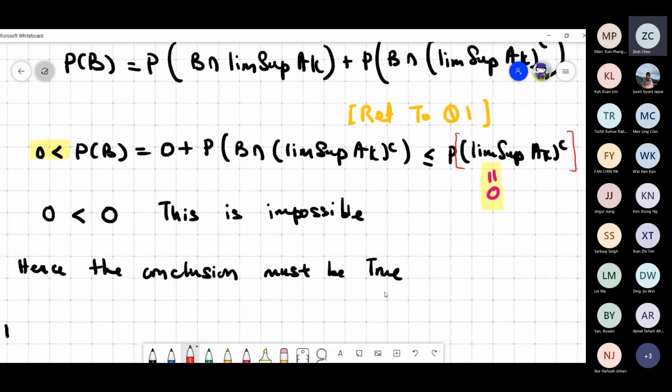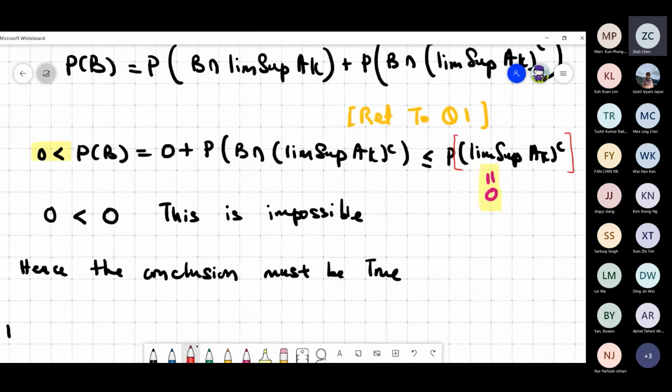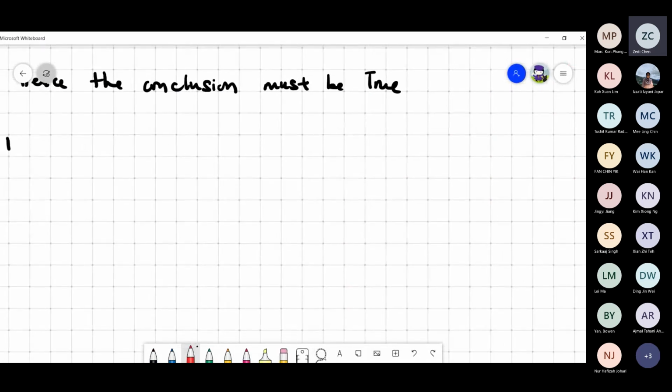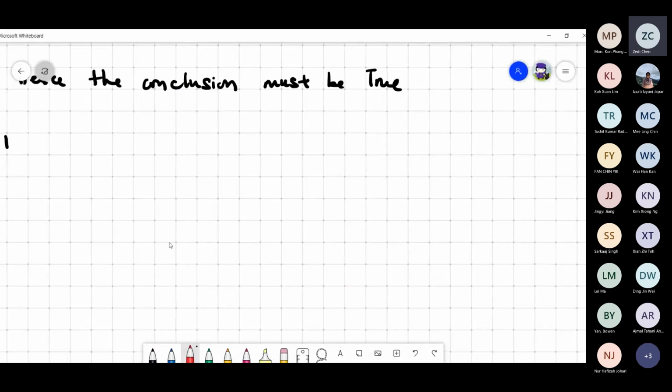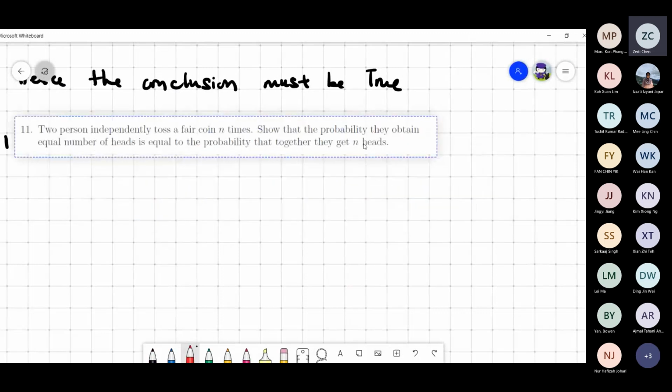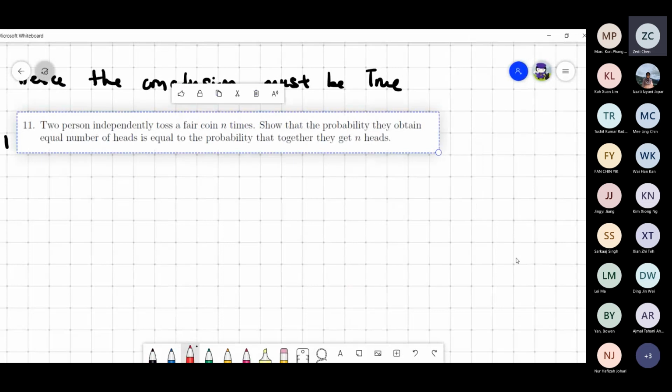Question 11. Okay, question 11. Okay, what's wrong with my solution?